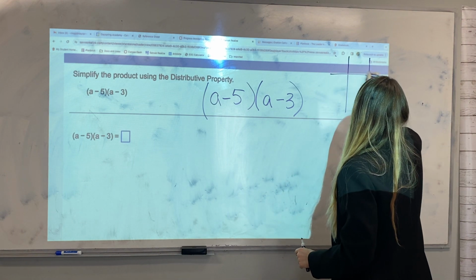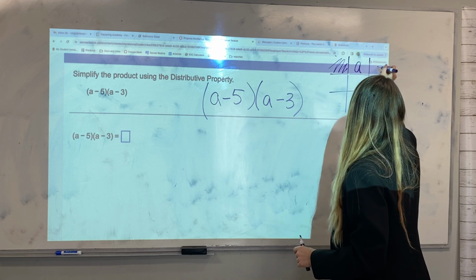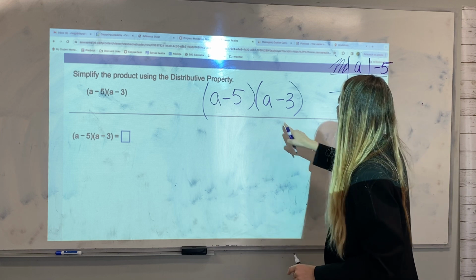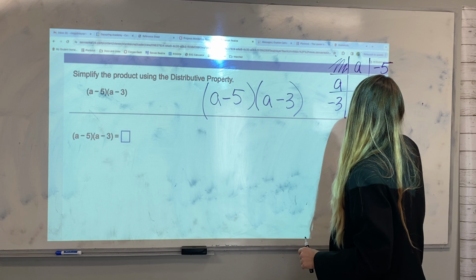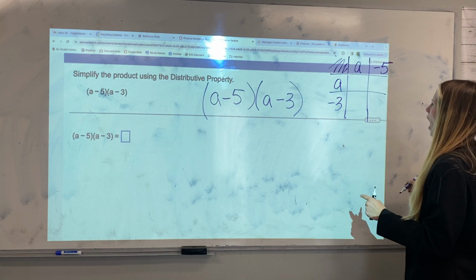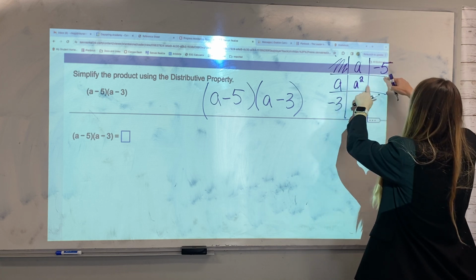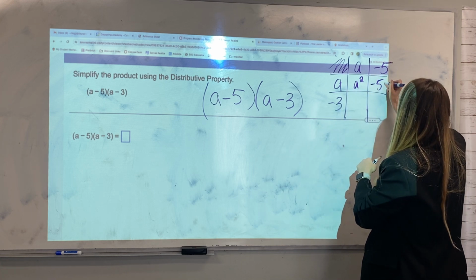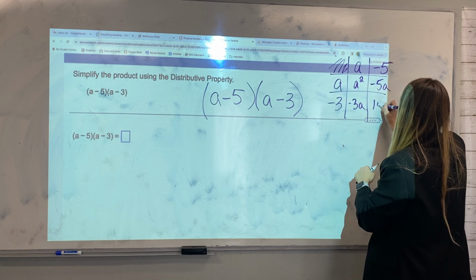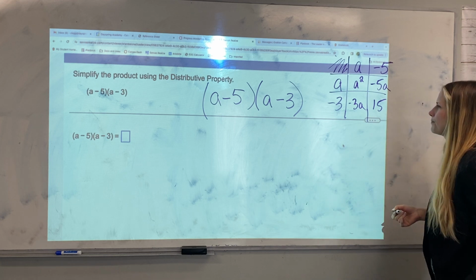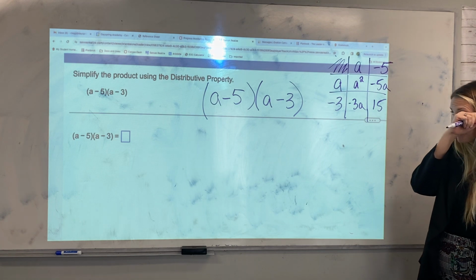I'll draw my little tic-tac-toe board, my table, and I can show a minus 5, and then a minus 3. Do you agree that I have to multiply each term together? Yeah. So I'm really doing 4 separate multiplication problems.